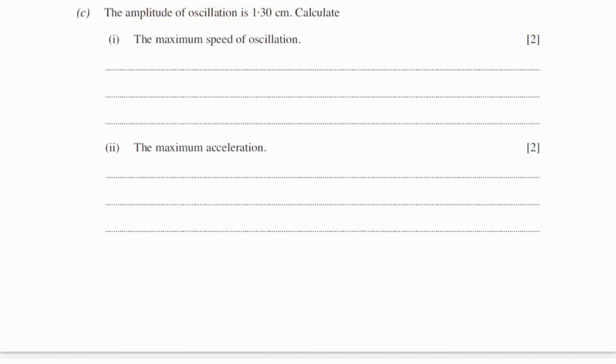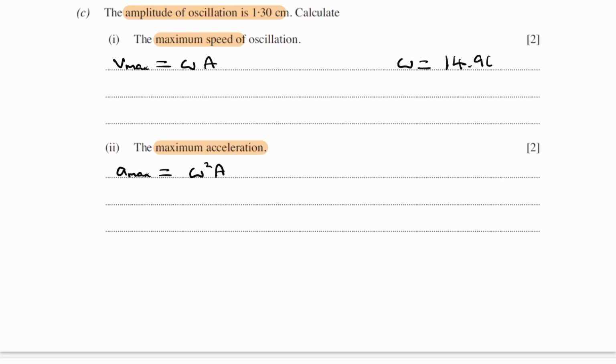The amplitude of the oscillation is 1.3 centimeters. Calculate the maximum speed of the oscillation and the maximum acceleration. So maximum speed, v max, is equal to ωA. Maximum acceleration, a max, is equal to ω²A. So we know what ω is from earlier, that was 14.96.